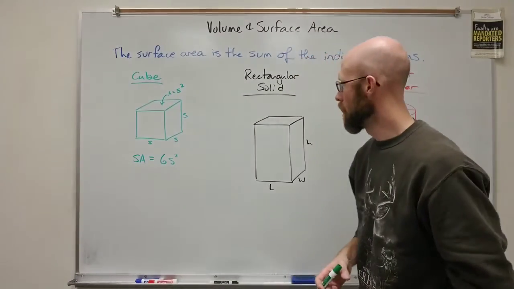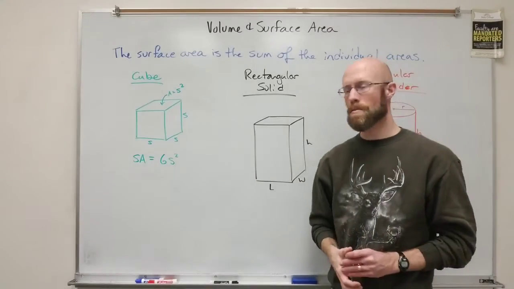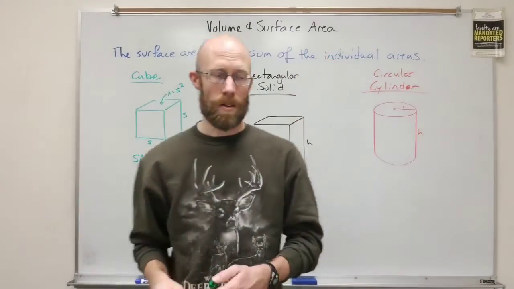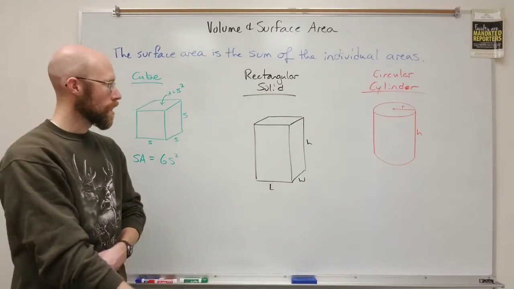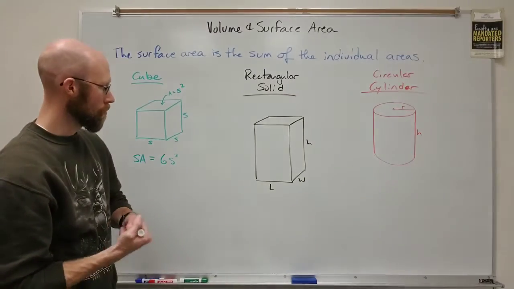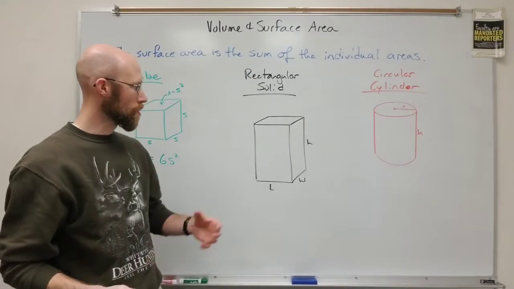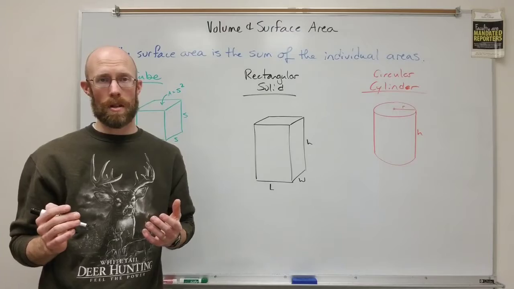Okay, now for a rectangular solid, it doesn't simplify as nicely because not all of the dimensions are the same. All right, you have a length, a width, a height. They could be different. They could be the same. We don't know. But the surface area is, again, the sum total of all the different surfaces. Now, there are 6 surfaces, but pairs of them have equal areas.